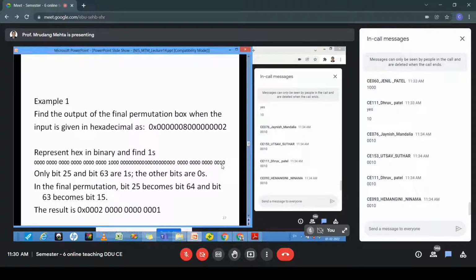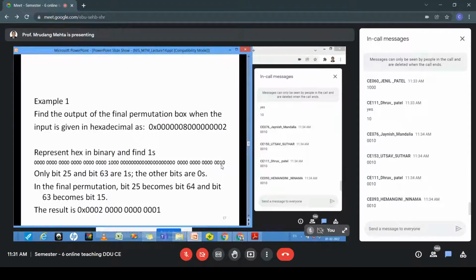So this 1 is on which position? Total 64 bits, first 15 blocks of 4 bits, that is 60, then 61, 62, 63.